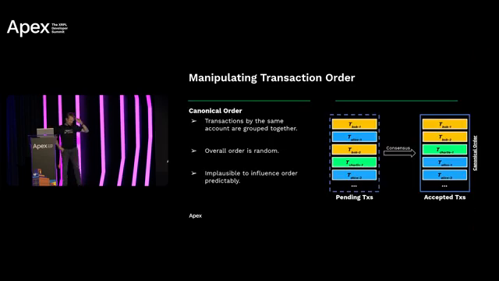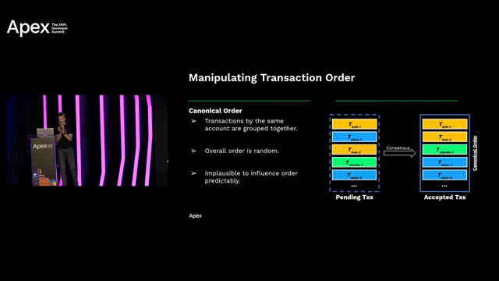Now, I will not go very deep down the rabbit hole because it gets scary, but in general, canonical order is a set of rules by which transactions are ordered, and in essence, the transactions submitted by the same account are grouped together and executed by their submission order in most cases. But overall order in the ledger is pseudo-random.